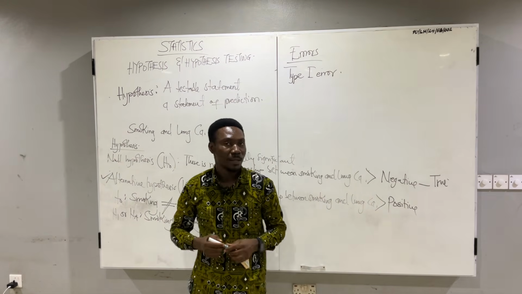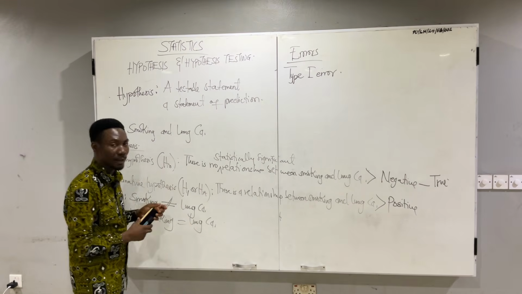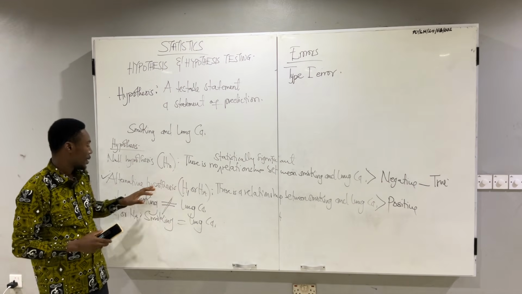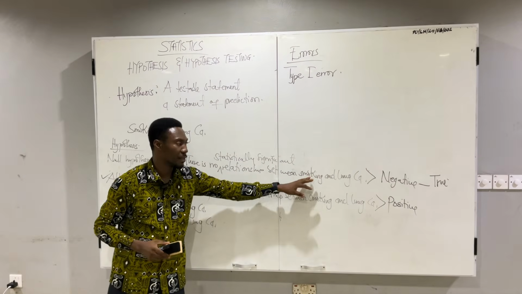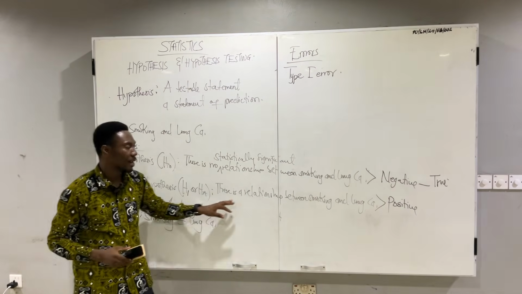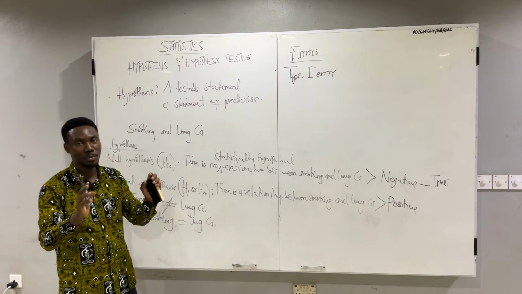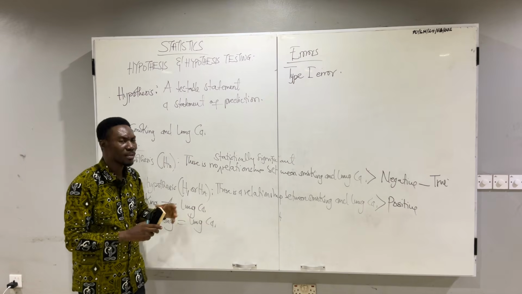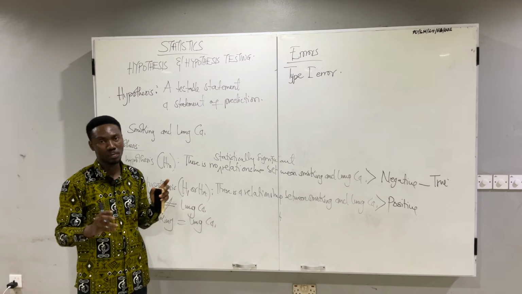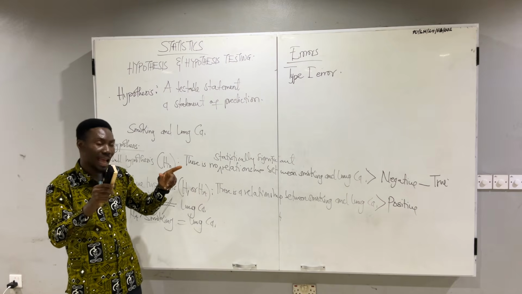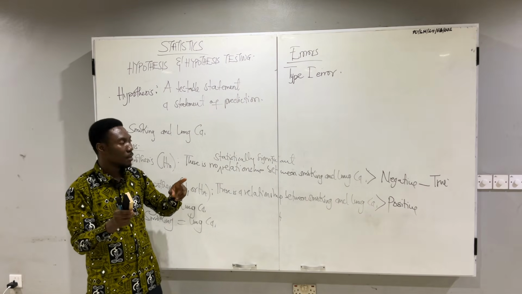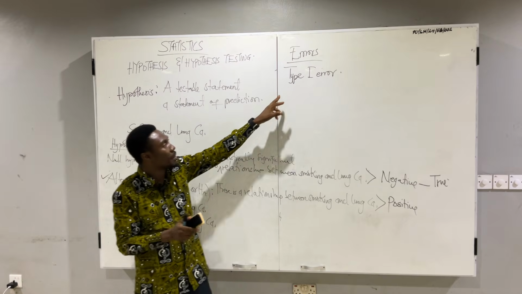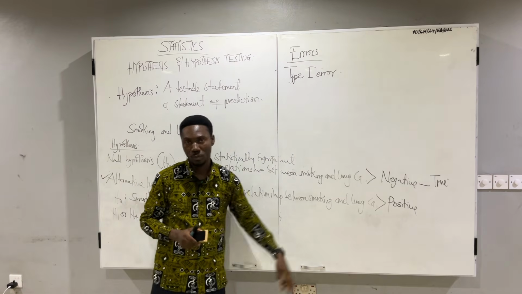So you see, there are two hypotheses over here. The null hypothesis and the alternative hypothesis. Null is saying there is no relationship. Alternative is saying there is a relationship. Let's assume that the null hypothesis is actually true. And you rejected the null hypothesis, meaning that you've accepted the alternative. In such a situation, you've committed an error we call type 1 error.